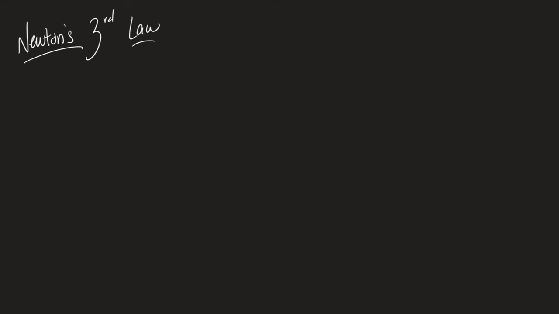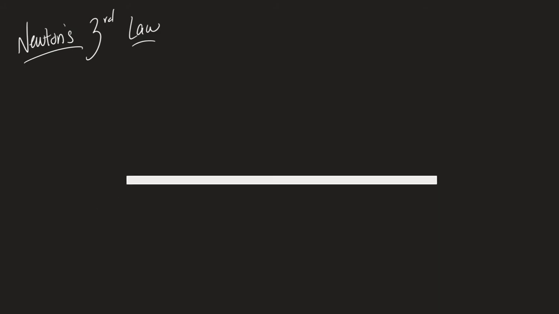So let's start with an example that may illustrate this a small amount. And I want to start with something for which you are already familiar. So let's say that I am pulling this box with a force in this direction.